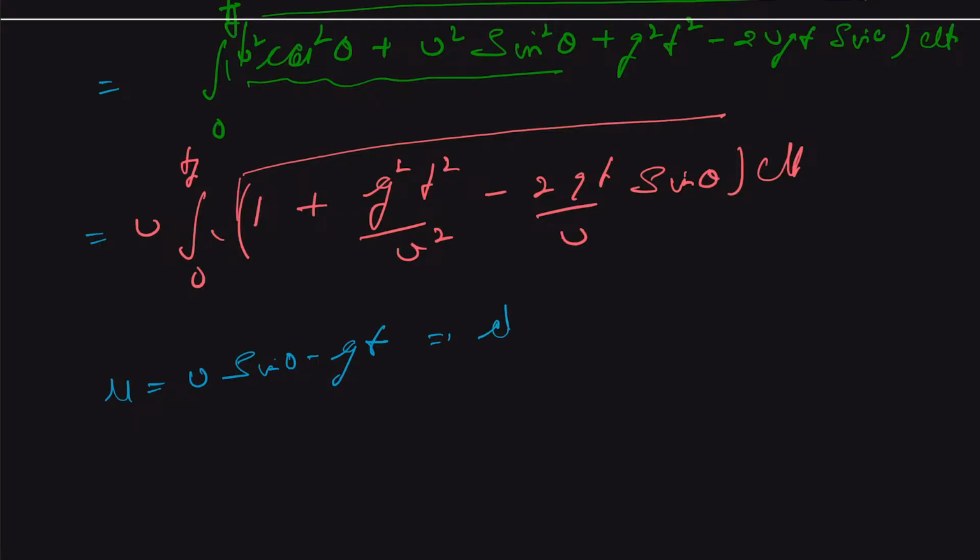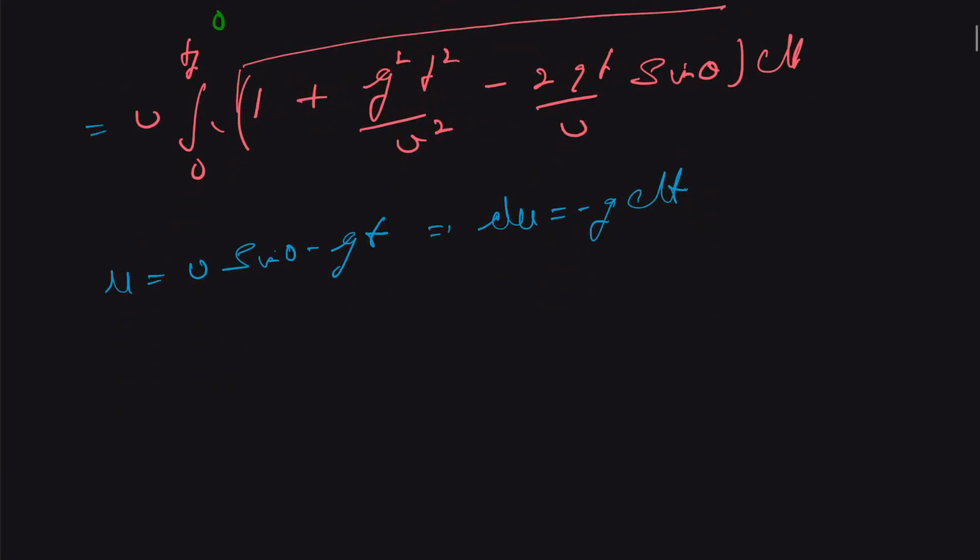Therefore you can say that our du will be equal to minus g, derivative of t.